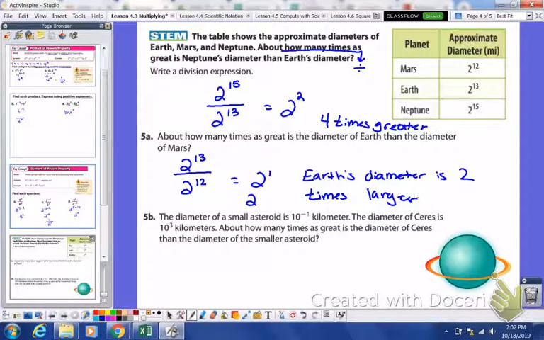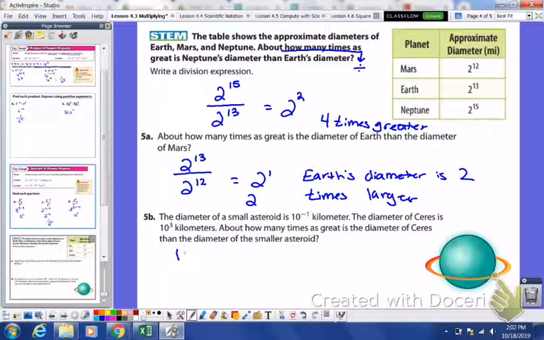All right, and one more word problem here. The diameter of a small asteroid is 10 to the negative 1 kilometer. The diameter of Ceres is 10 to the 3rd kilometers. About how many times as great is the diameter of Ceres than the diameter of the smaller asteroid? So how many times as great? Again, we're talking about division.